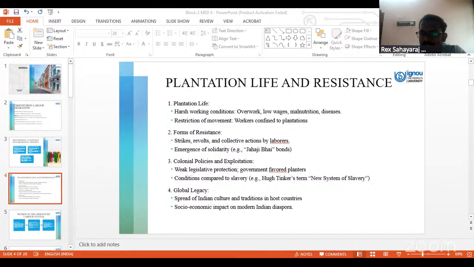So in the colonies of Mauritius and Natal, large scale strikes took place in the years 1872 and 1913 respectively.